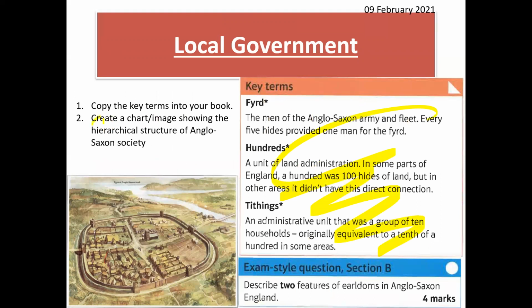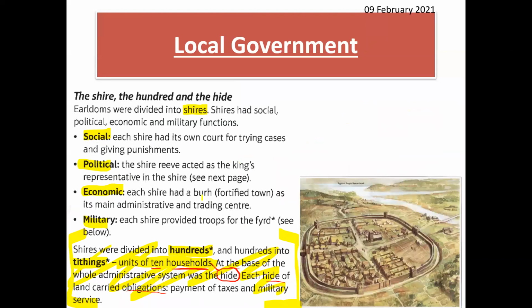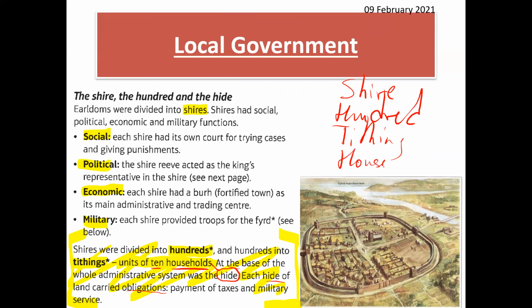And then what I want you to do is create a chart showing the hierarchical structure. So essentially the chart needs to be shire, hundred, then it needs to be tithing, household, and then Hyde.